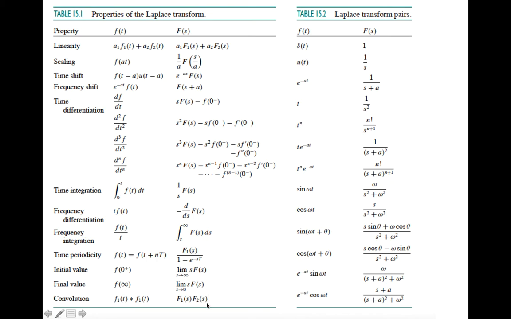We're not going to discuss convolution in this class as far as going over how to do it, but another really useful reason to work in the Laplace domain is in the time domain. If you have different, say, filters or different systems that a signal is passed through, it's not a direct multiplicative effect. It's a convolution kind of effect.